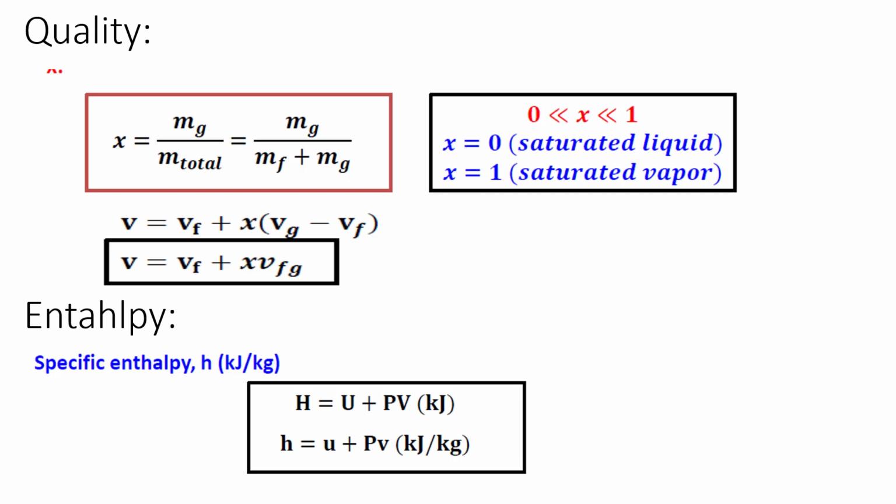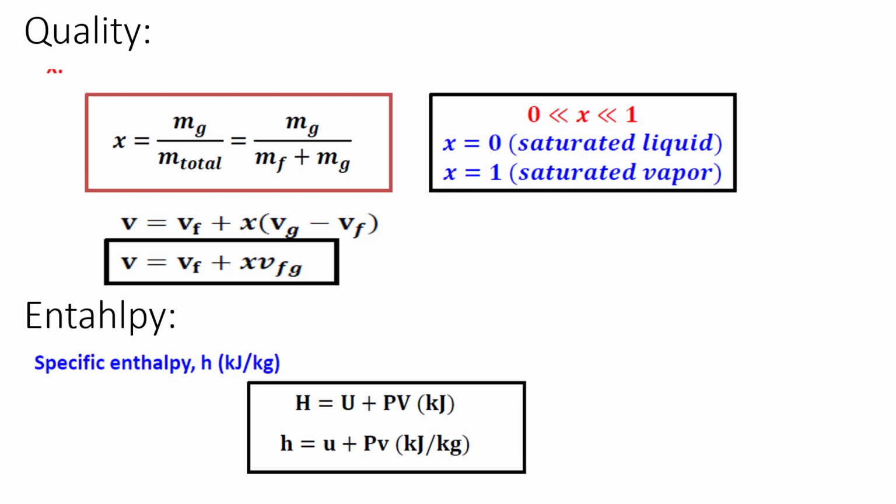Next, we'll be looking at quality, which is X. Quality can be defined as the ratio of the mass of saturated vapor to the total mass of saturated liquid and vapor. If the quality is equal to 0, the substance is saturated liquid. If quality is equal to 1, then the substance is saturated vapor. If the value of X is between 0 and 1, then the phase is a saturated mixture.